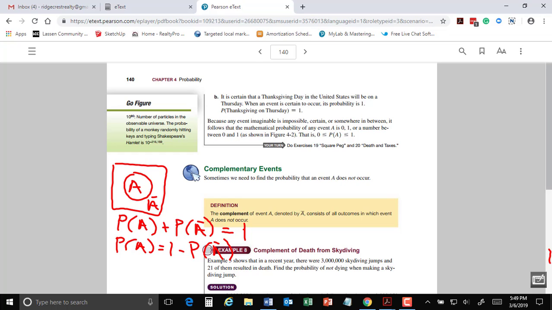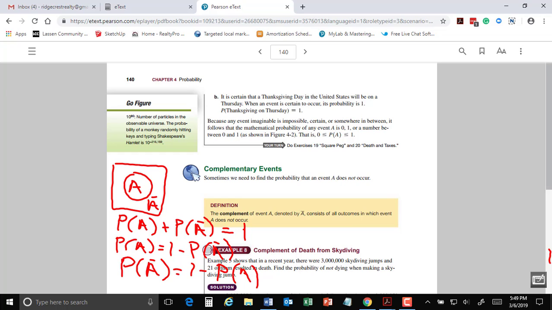Could I solve for A not? Yeah, I could. I could subtract P of A over there, so another way of writing this is P of A not is equal to 1 minus P of A. Because we know there's nothing else.